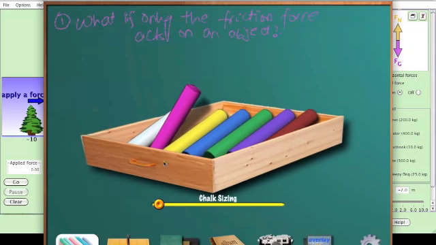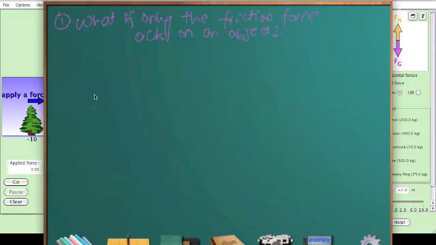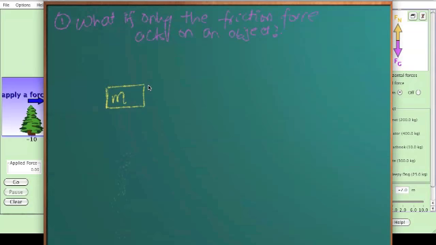For example, if this is the box of mass, let's say just mass m, and I am pushing it with an applied force, let's say 100 newtons, and it suddenly starts to accelerate, the friction is acting in this direction, obviously opposite to the motion.